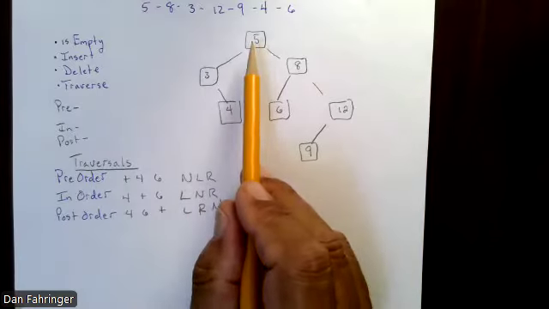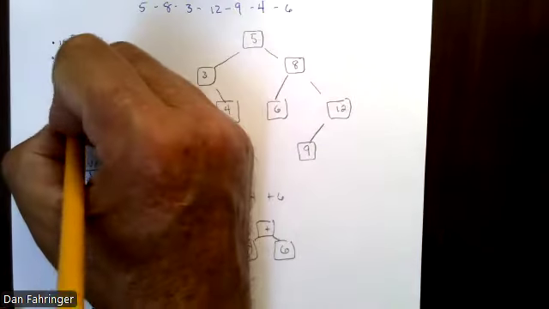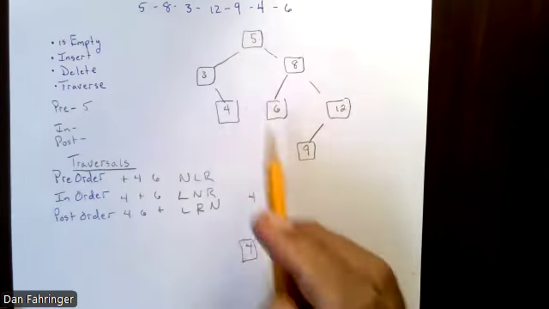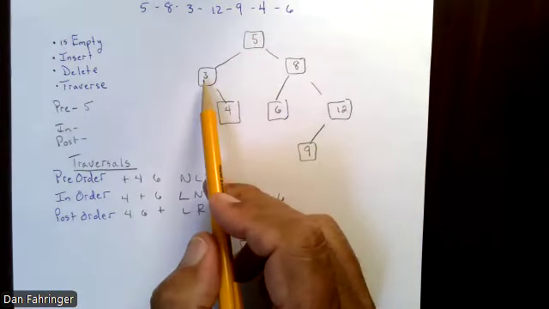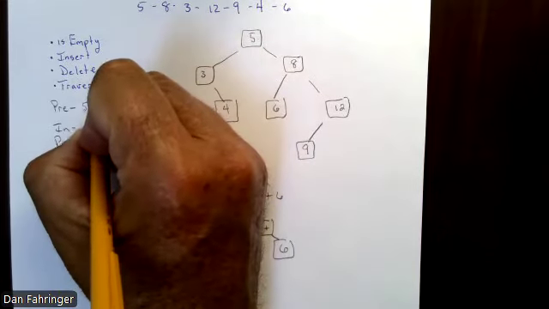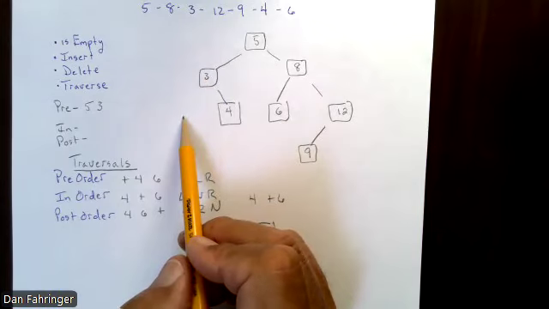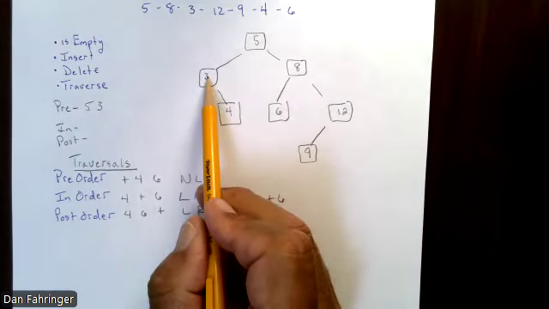Node is 5. So I come to this location and it says node, so I'm doing 5. Then it says go to the left. Now I'm at this node, so I say 3. I go to the left, I hit a null, so now I go back, and I already did the node.